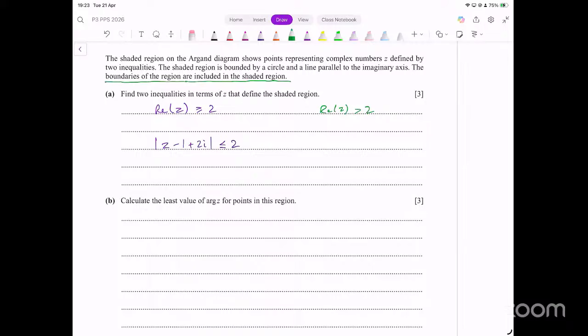It will depend on the marking scheme, but it's risky. Sometimes you will get a mark for this, sometimes you won't. So you should write greater than or equal to in this case. Depending on the mood of the examiner, sometimes they will allow it, sometimes they won't. You can look at the marking scheme whether it's allowed or not.